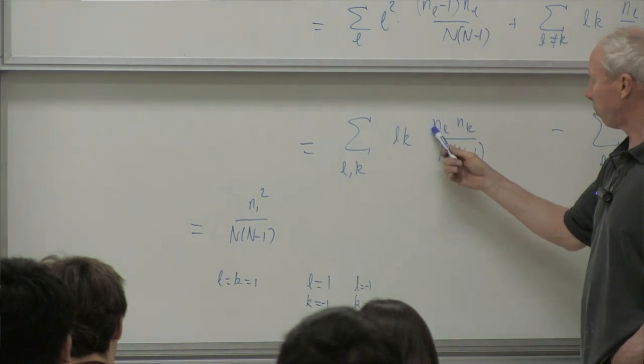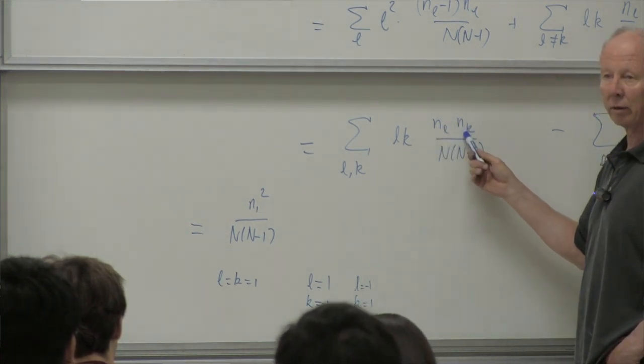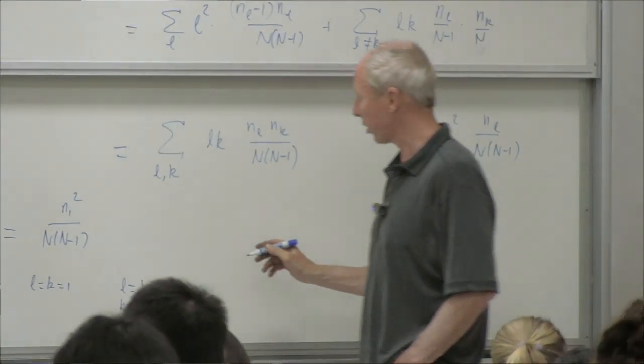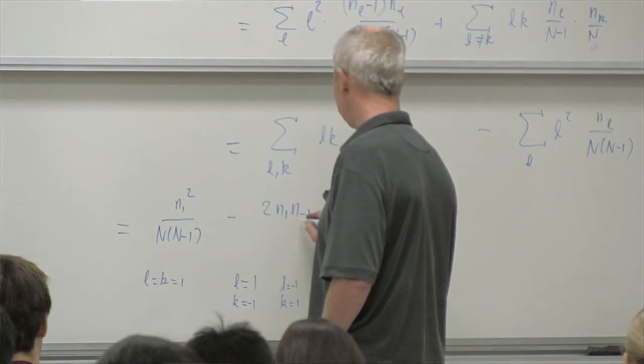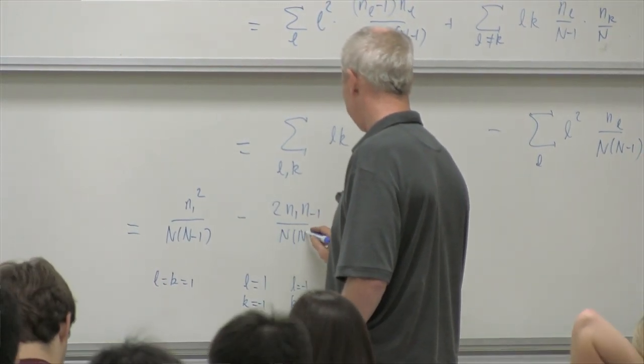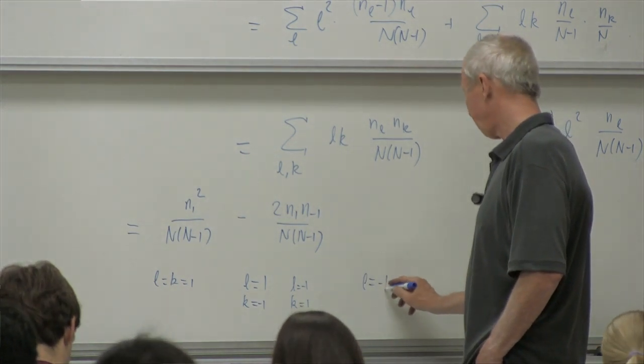What would it be here? You'd have n sub 1, n sub minus 1. And here you'd have n sub minus 1, n sub 1. They're the same, right? So you get two terms that are the same. So it'd be minus 2 n1 n minus 1 over capital N times capital N minus 1. Or they could both be minus 1.